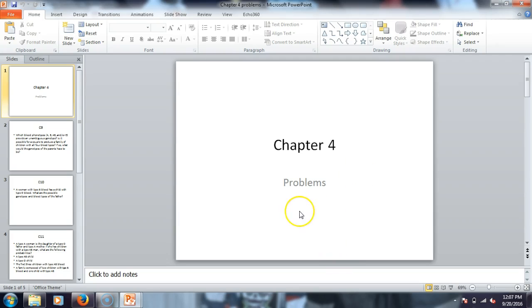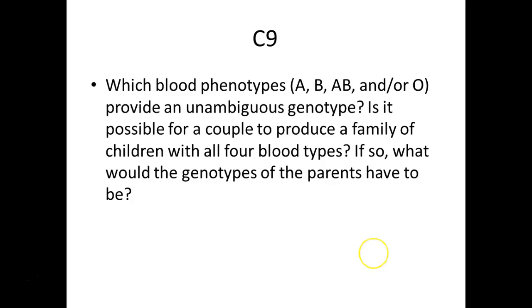Okay, so these are straight from your book. Concept questions, number 9. We went over this, so let's see if you remember this one from way back at the beginning. For blood types of the ABO blood group, what special dominance pattern are we dealing with here?